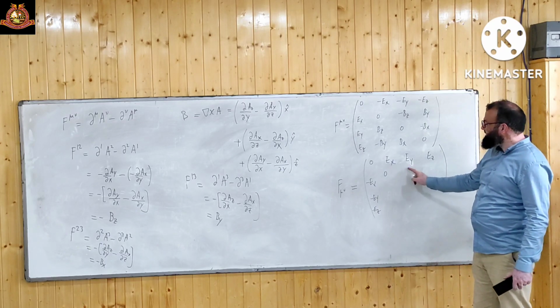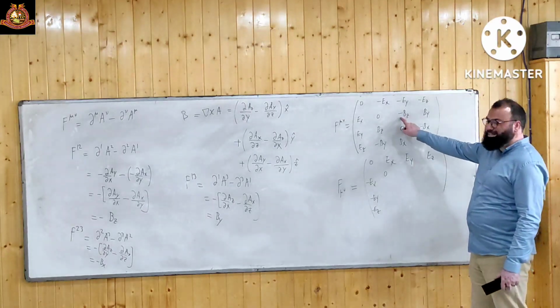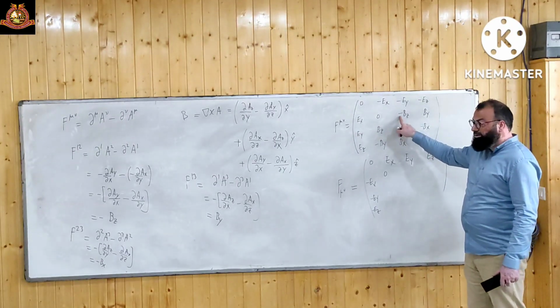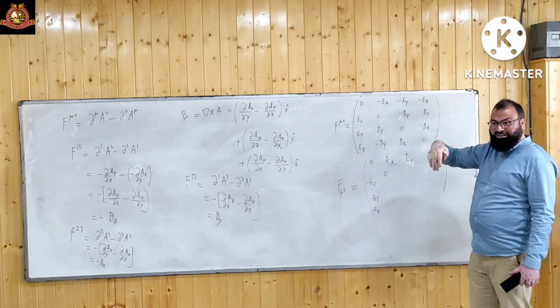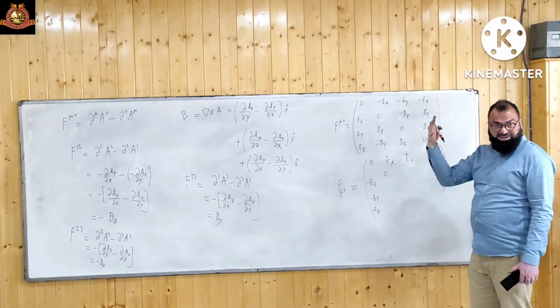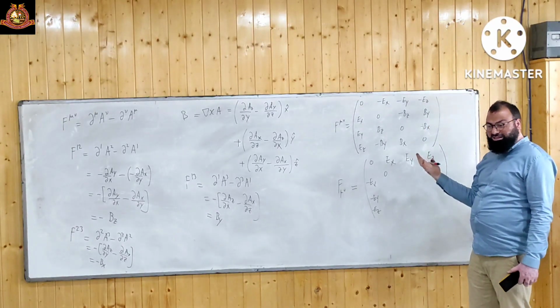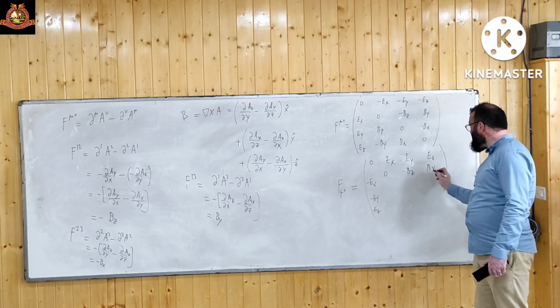Now tell me what about this thing? Here both are spatial indices, so it is F12. Once you lower F12, you lower one spatial index, which yields a sign change, and another spatial index also, so overall there is no sign change. So it will again be minus Bz, By.